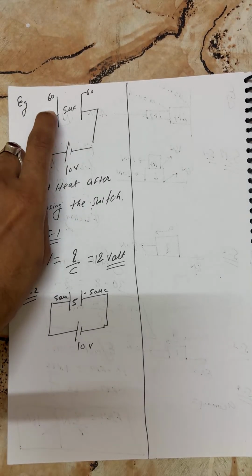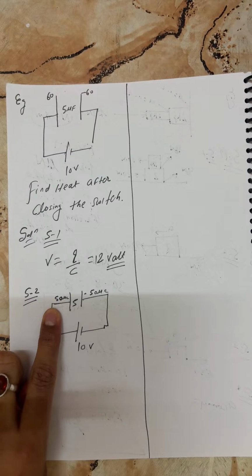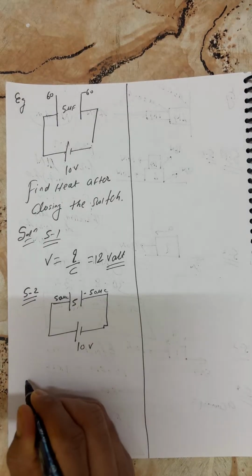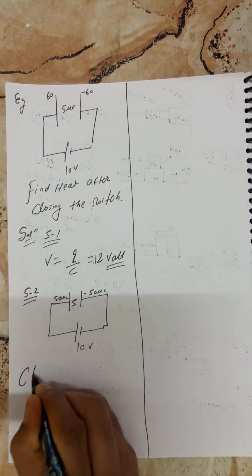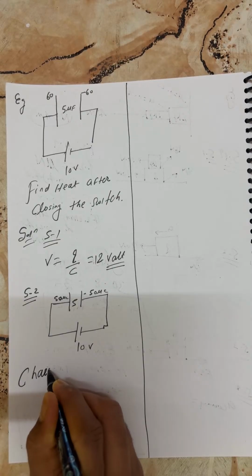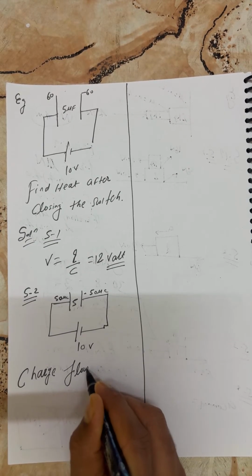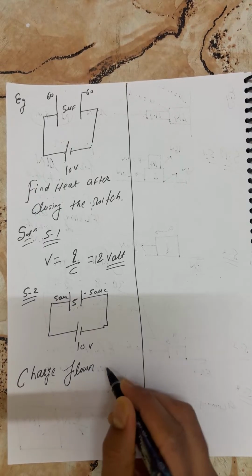Okay, think beta from these two steps. What is the initial charge? 60. What is the final charge? 10. So is the charge increasing or decreasing? Tell me first. Decreasing. So charge flow, how much here?